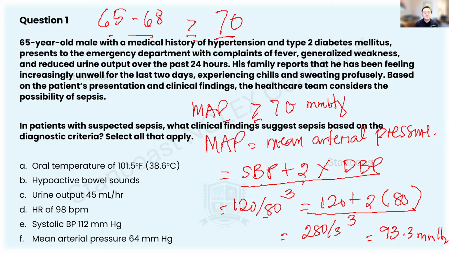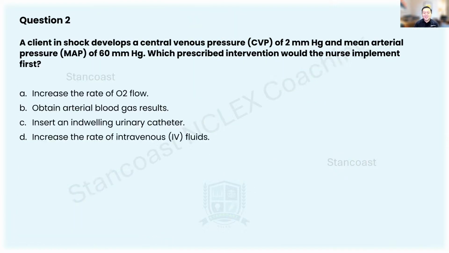Okay. Let's talk about number 2. A client in shock develops a central venous pressure of 2 mmHg and a mean arterial pressure of 60 mmHg. Which prescribed intervention would the nurse implement first?